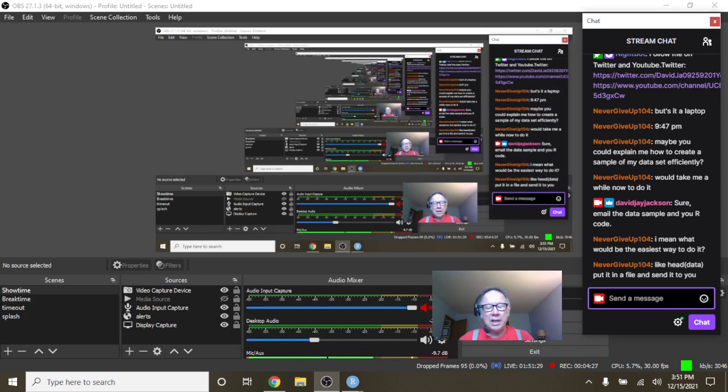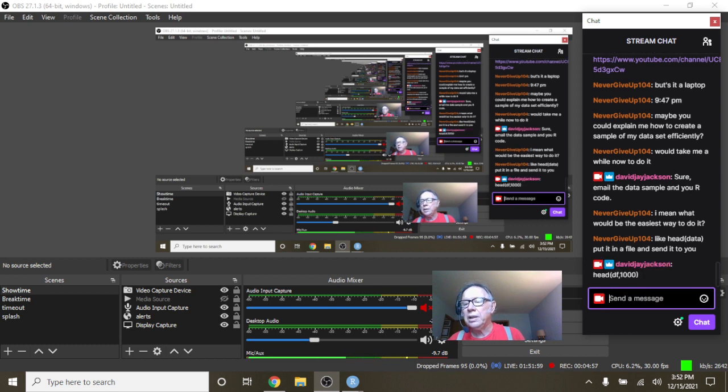Remember, in head, you can do a number, okay? Data frame and the number of rows you want to export. So if you want to create a file of the first 1,000 rows of data, you could do something like that.